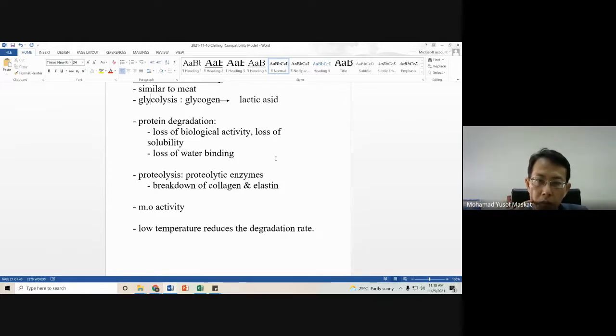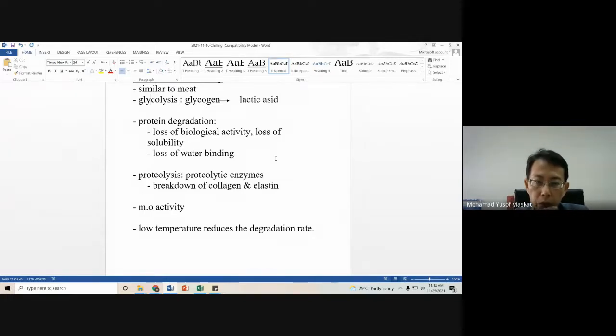And then loss of water binding. Water binding is one of the most important properties for meat products, whether it is intact meat, for example poultry, or comminuted products, for example sausages, where the microstructure of the product has been changed.